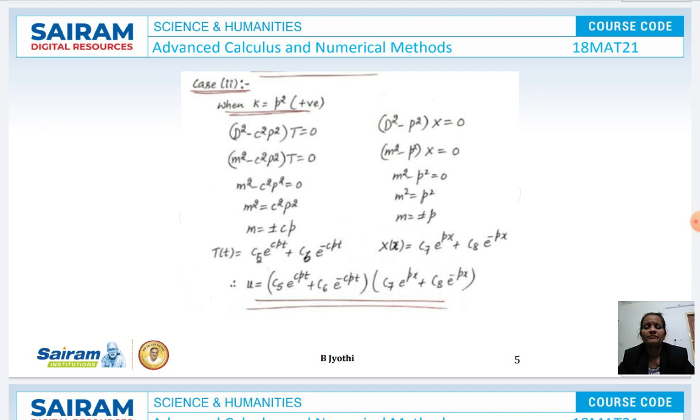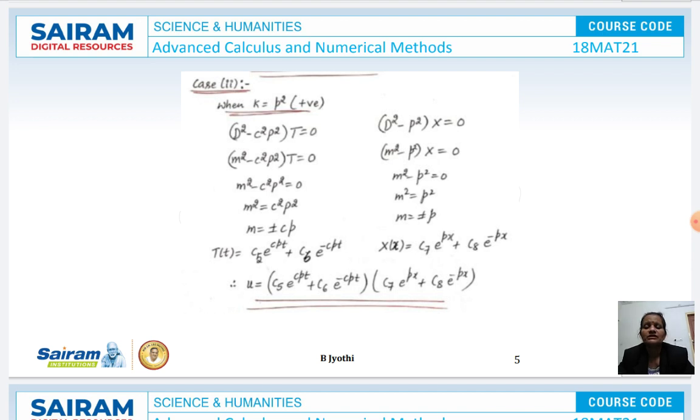So m is plus or minus cp and m is plus or minus p. So T of t will be c5 e power cpt plus c6 e power minus cpt, whereas X of x will be c7 e power px plus c8 e power minus px.